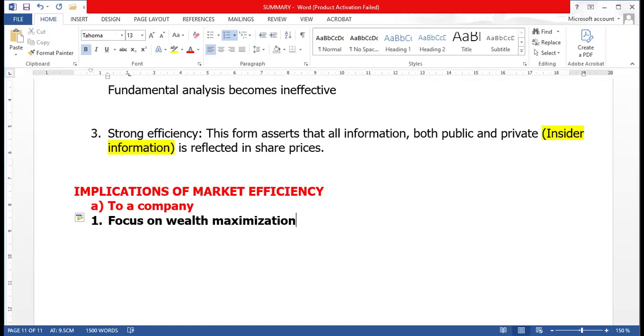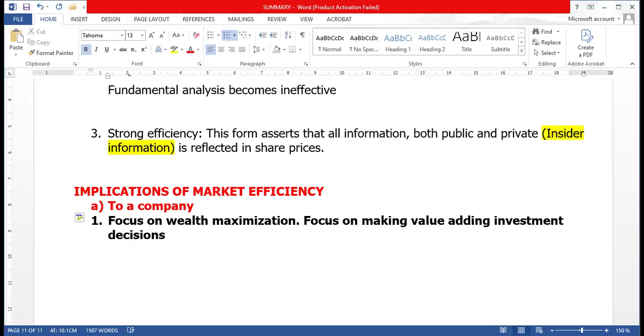One of the ways managers may try to maximize wealth is just focusing on manipulating these prices, and they end up not looking at the other side. So as a manager, you focus on making value-adding investment decisions. You don't need to focus on just manipulating the sales price to increase the profit. No. So that should be number one.